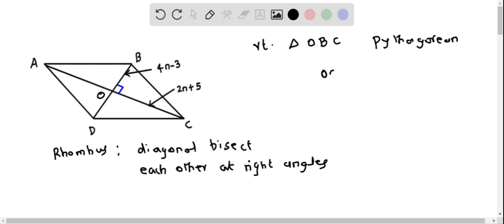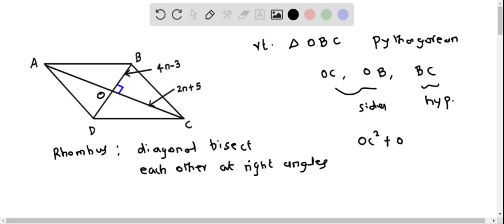So we have OC as one of the sides and OB as another side of the triangle, and BC is the hypotenuse of the triangle OBC. So here we apply the Pythagorean property, which states that OC square plus OB square equals hypotenuse square, that is BC square.